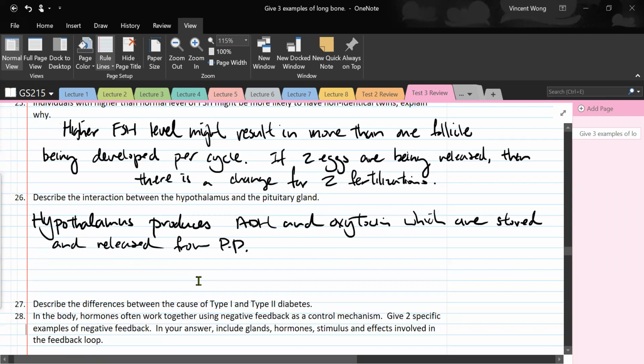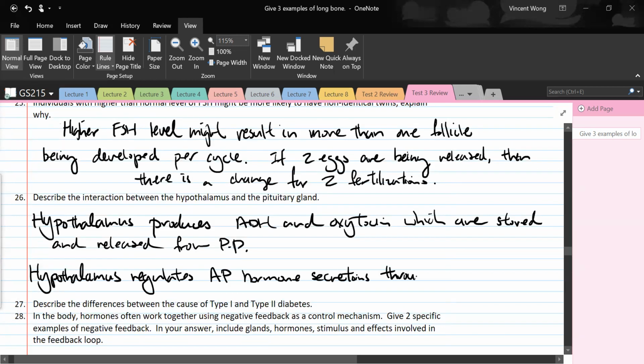On the other hand, the hypothalamus regulates AP hormone secretion through things like GnRH, TRH, and CRH, right?